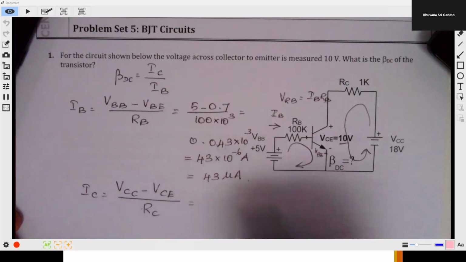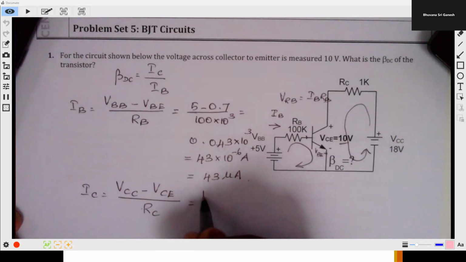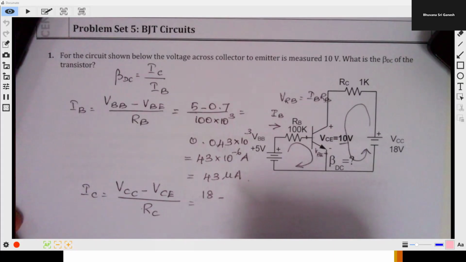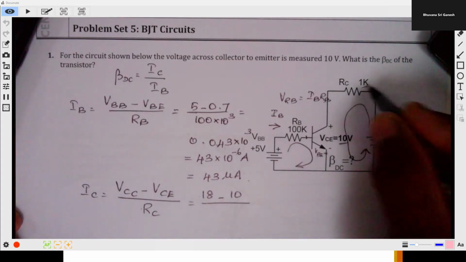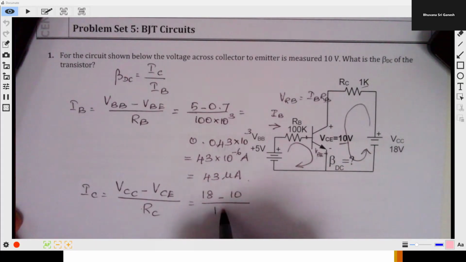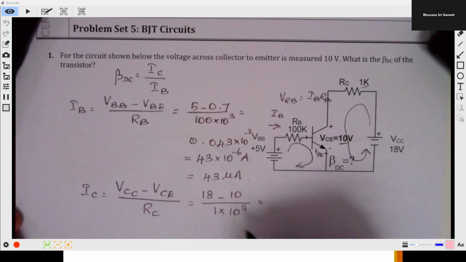So VCC is 18 volts. 18 minus VCE, which is 10 volts, divided by the value of RC, which is 1 kilo ohm. So 1 times 10 power 3. So 18 minus 10, 8, right? 8 times 10 power negative 3, because this 10 power positive 3 in the denominator becomes 10 power negative 3 in the numerator. So this is it.